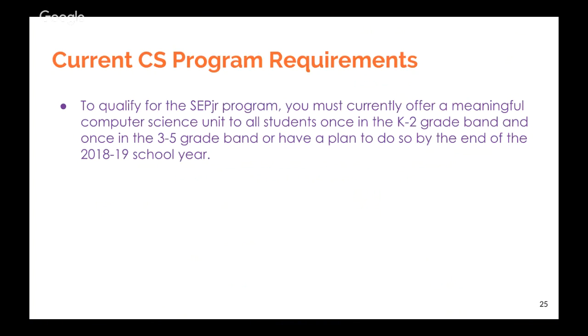This sometimes gets confused with technology integration or computer literacy, which are two very important fundamental skills that our students need, but they're not as applicable to computer science. If your school is using Google Classroom, that's an excellent support that will help with computer science education, but it isn't necessarily computer science education.